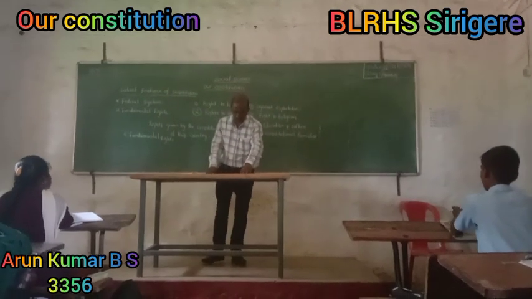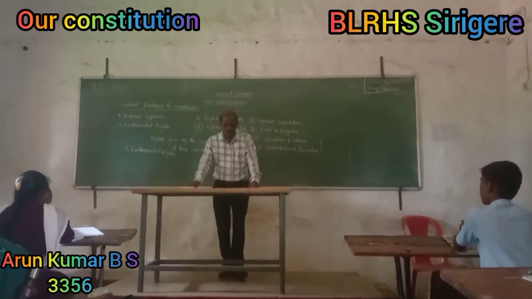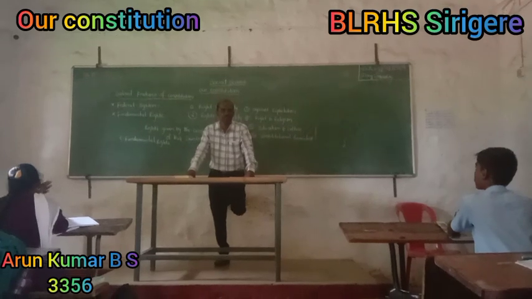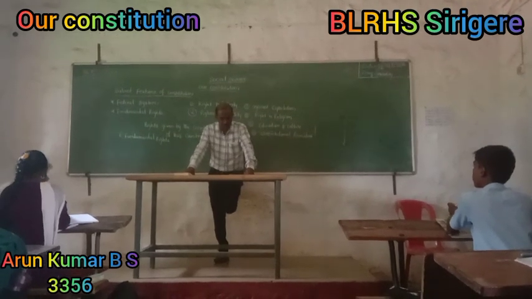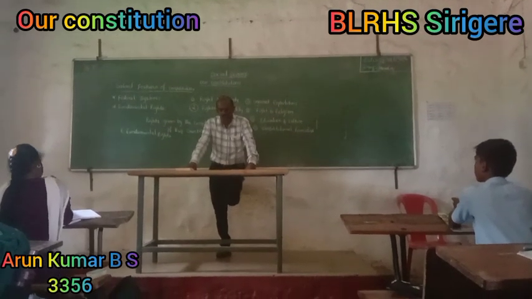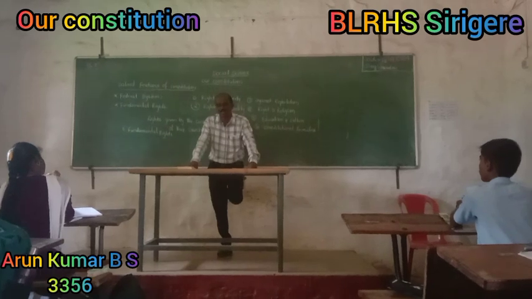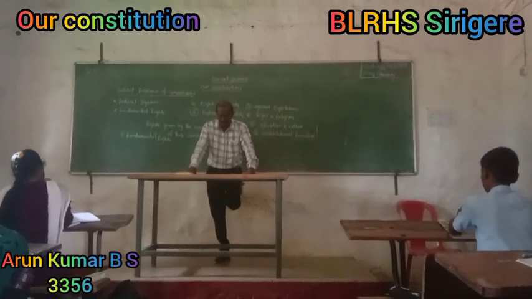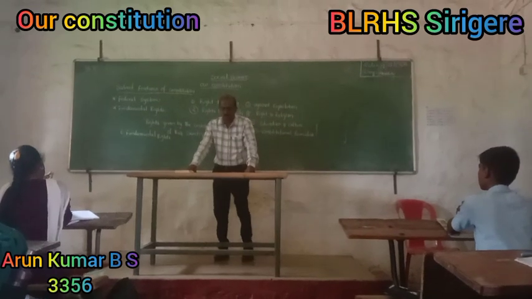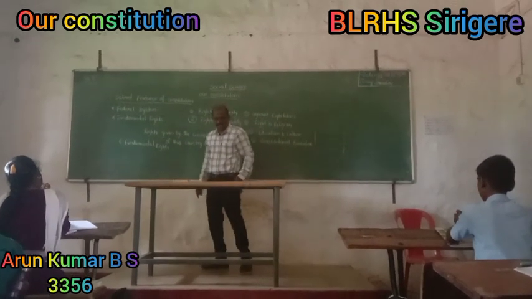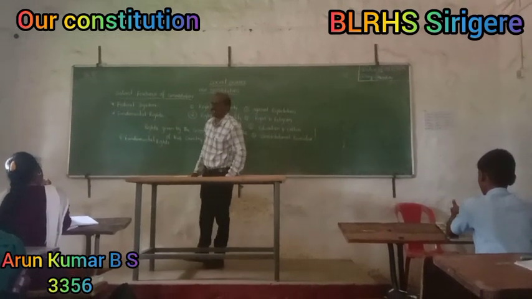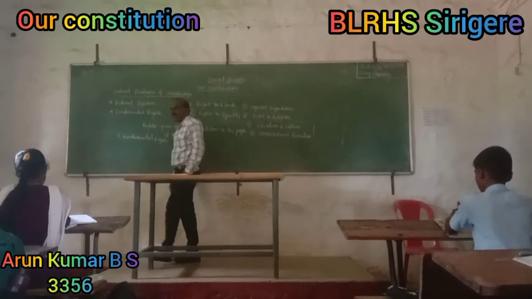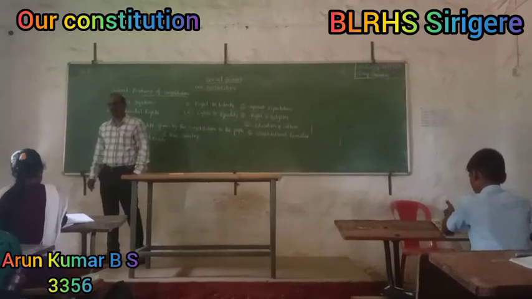So that's why, if any government or any person or any organization takes away or damages the rights of a citizen, the citizen can directly appeal to the High Court and the Supreme Court.